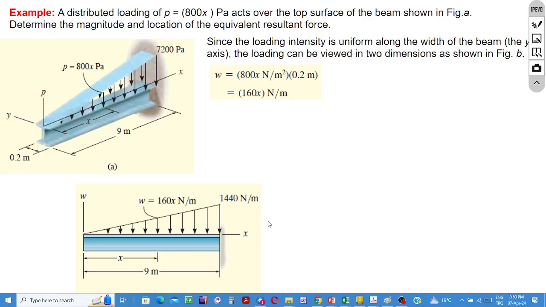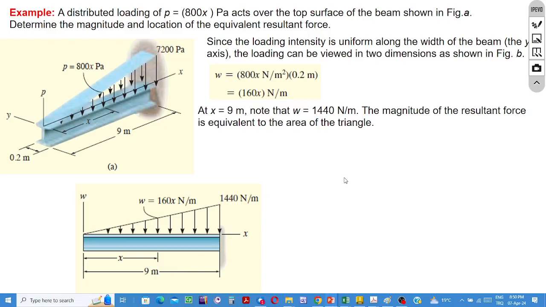From elementary school, everybody knows the area of a triangle can be calculated by multiplying the width of the triangle by its height and taking half of the result. 1 divided by 2 times 9 times 1440 is the total area of the triangle, and physically it corresponds to the magnitude of the resultant force.